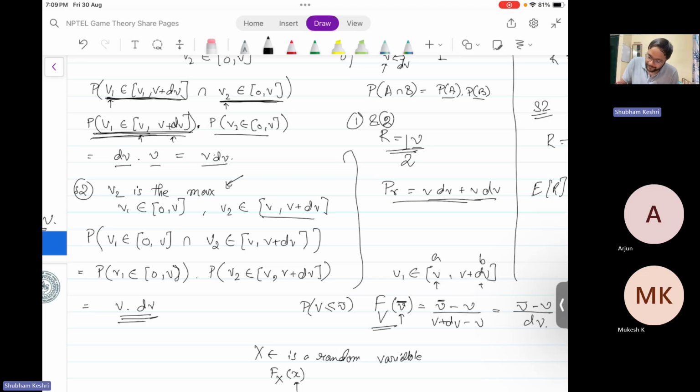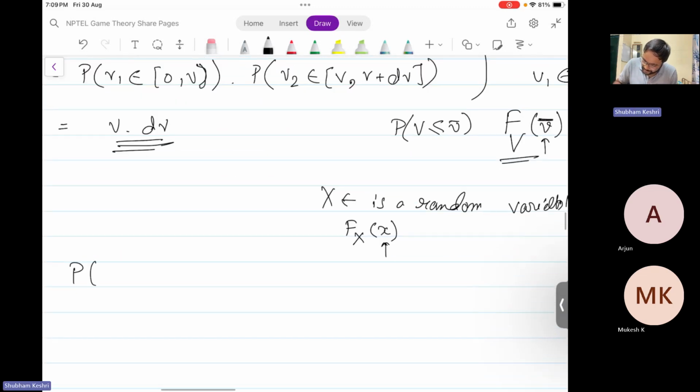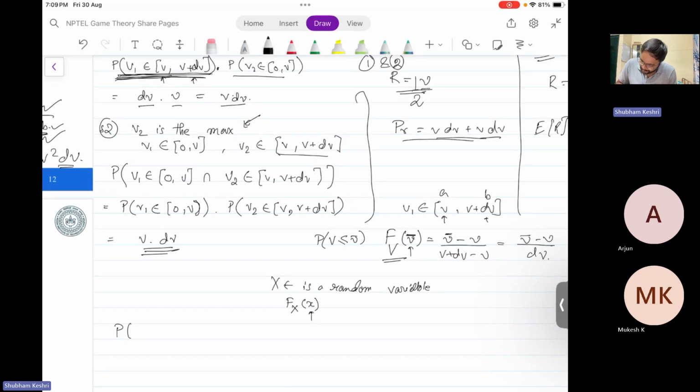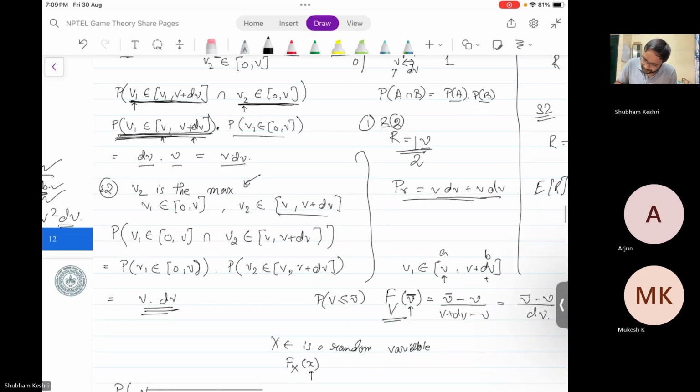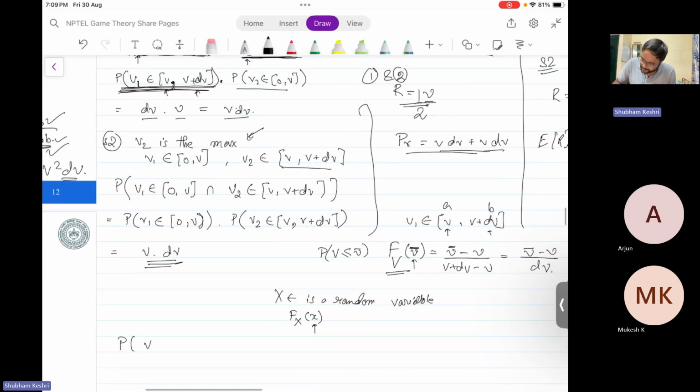All right. So you see, what is this probability? This is probability of probability. What is this probability? I'll just show you again. This probability is V1. So V1 belongs to V comma V plus dV. So what is this? V less than or equal to V1 less than or equal to V plus dV. Is this all right?